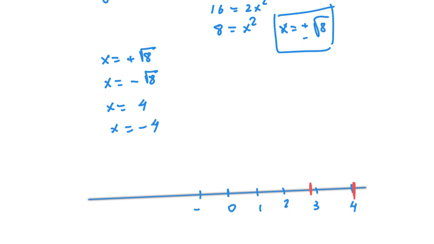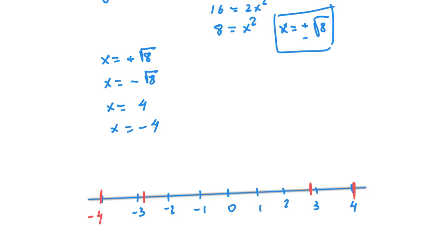Minus 1, minus 2, minus 3, and minus the square root of 8 is before, like minus 2.8, something like this. And the other critical point is minus 4. Minus 4, let's put it in red.